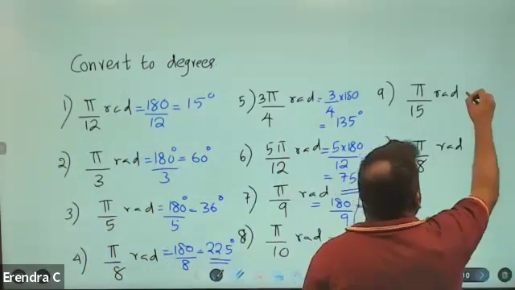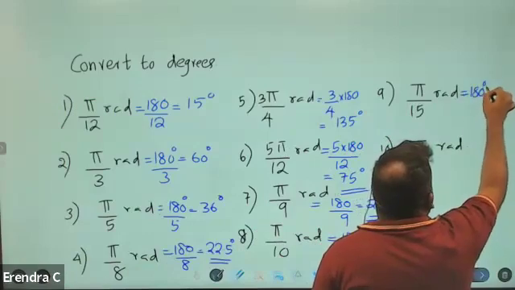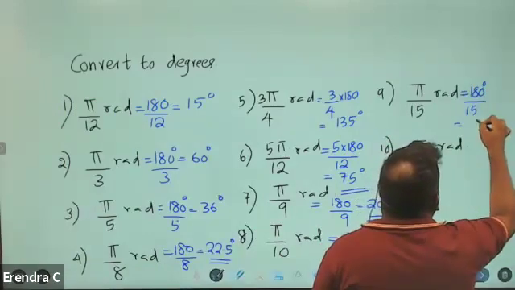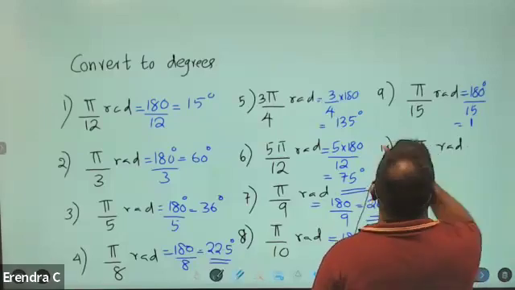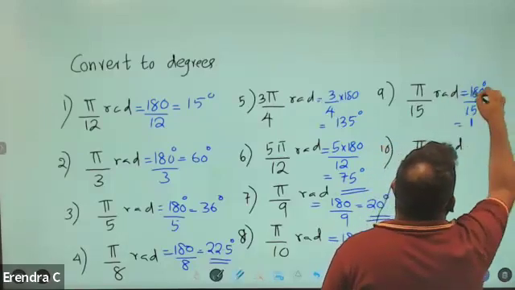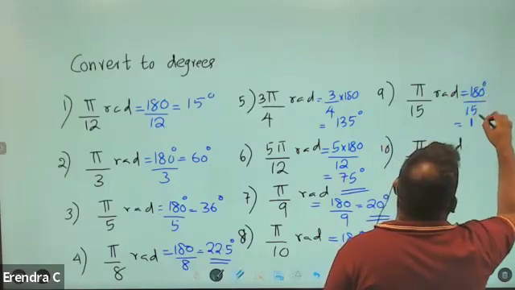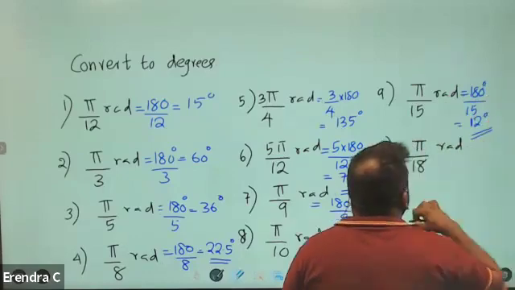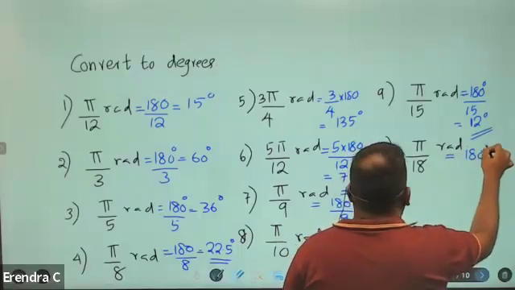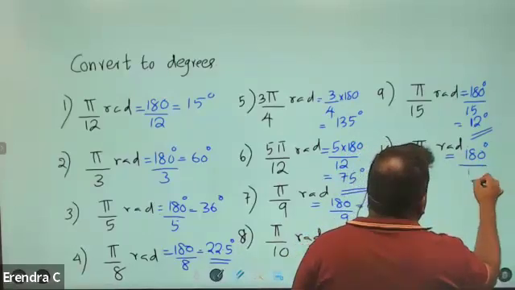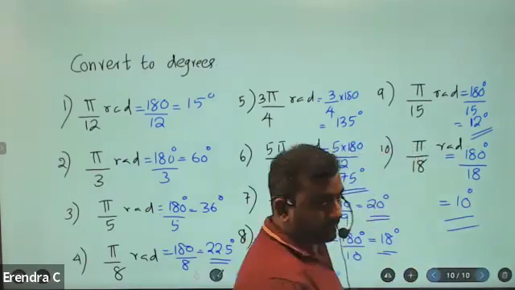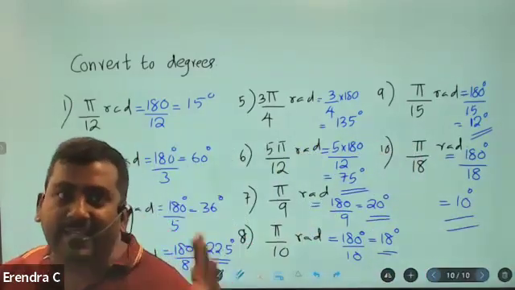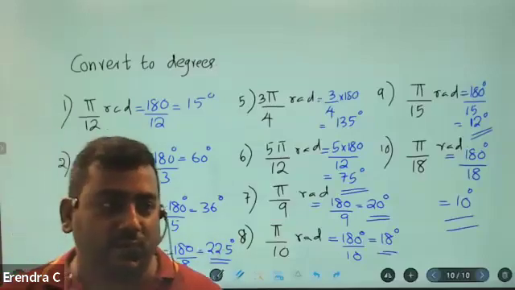Here, 180 divided by 15, how much? I gave something else, so I didn't repeat this. 1 here, so therefore 12 degrees. Here, 180 divided by 18, how much? 10 degrees. So whatever they give in degrees, you can convert to radians.